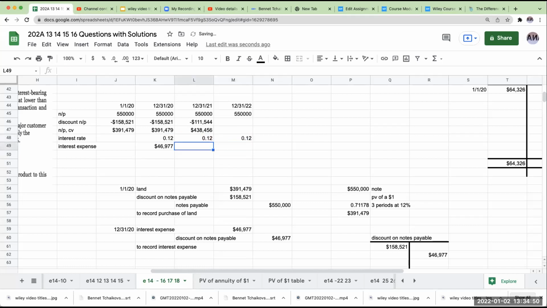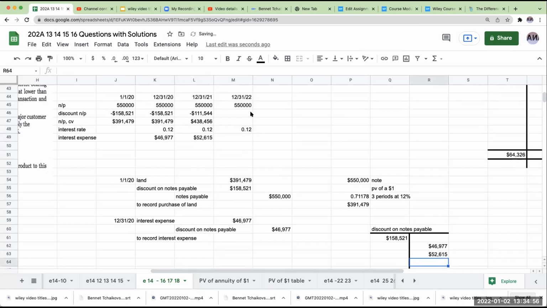My interest rate is still not going to change. Once I set in that interest rate, I do not change it. So my amortization of my discount in 2021 is going to be 52,615. And for the final year, this is going to be 58,929.